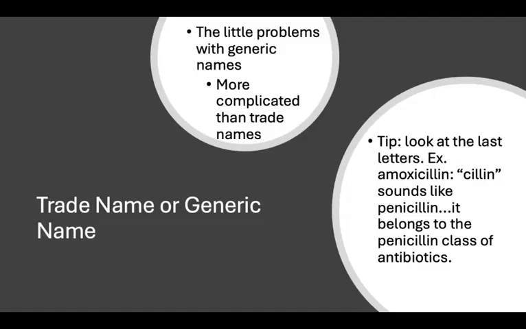When we talk about generic names, there's an important tip: looking at the last few letters will often give you an understanding of the group the medication belongs to. Amoxicillin is an example. The cillin component sounds like penicillin, so amoxicillin belongs to the penicillin class of antibiotics.